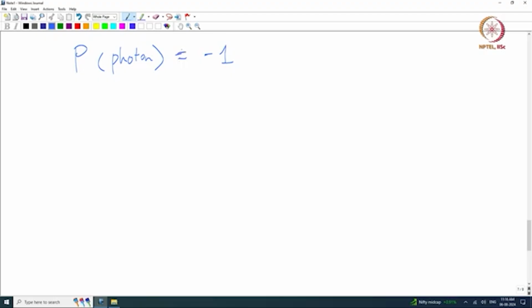Okay, and how do you see this? Because the photon appears as the vector potential. Remember the vector potential when you wrote down Maxwell's equations? You could have rewritten them in terms of a scalar potential and a 3 vector potential, right?